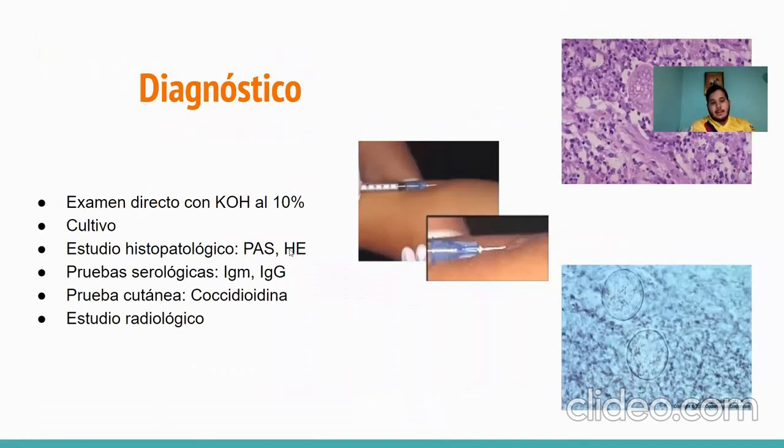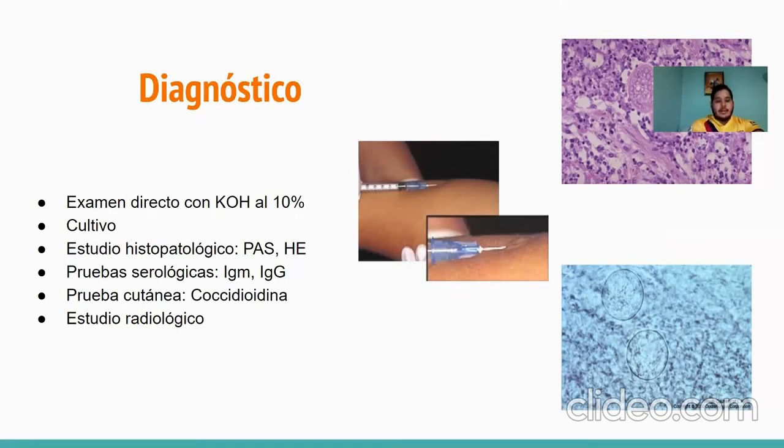Here are the forms that give a concrete diagnosis of the pathology, for example, direct examination of sputum or exudate with 10% potassium hydroxide, which allows observing the spherule.